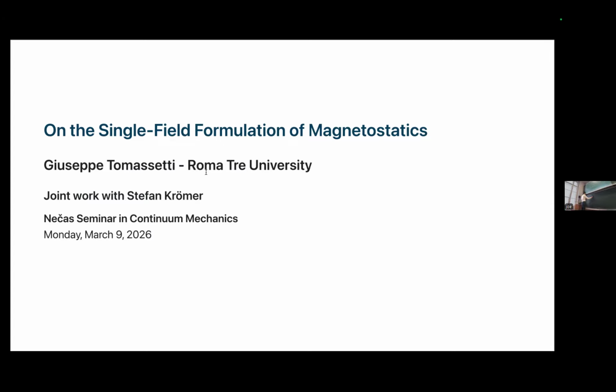Essentially, these magnetorheological elastomers are elastic bodies which are realized by embedding ferromagnetic particles inside a relatively soft elastic matrix. And the scale of description of these objects is much larger than that of the single domains.